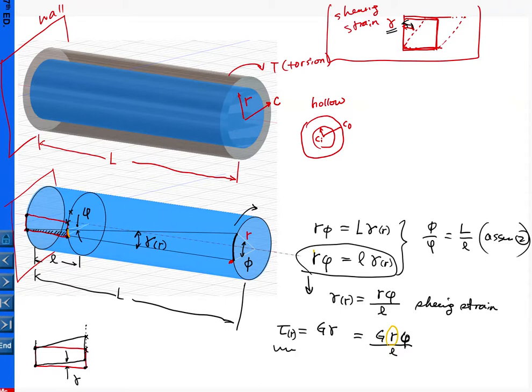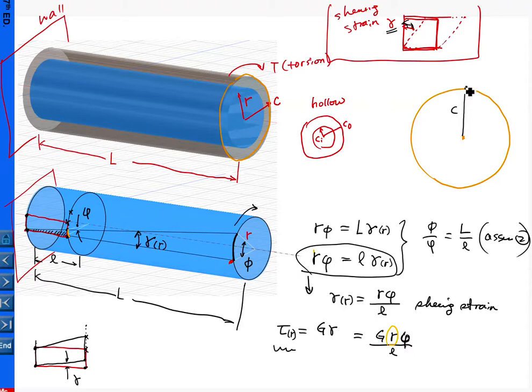What does this mean? Basically, in the cross section, for example, let me pick this cross section here, this is the center here. The shear stress is a function of r. When r equals 0, shear stress equals 0. When r equals the radius c, the shear stress is at its maximum.